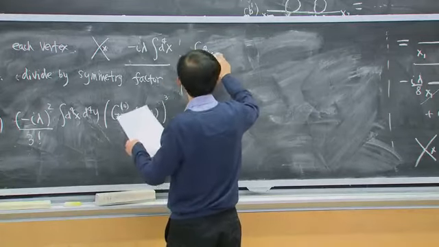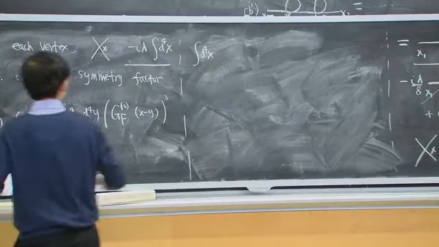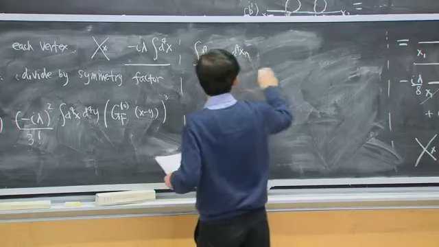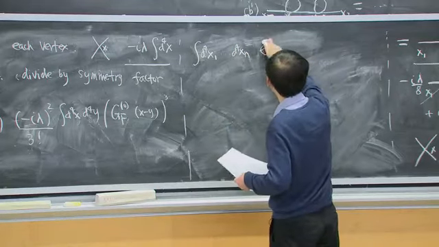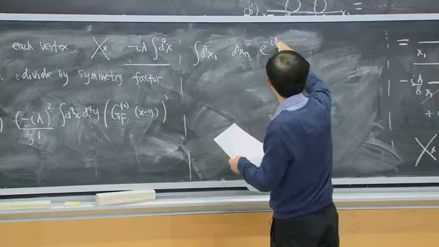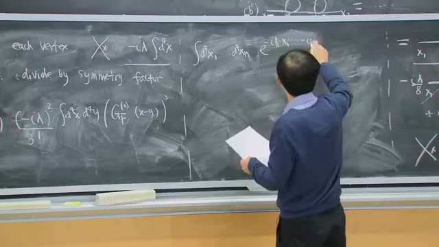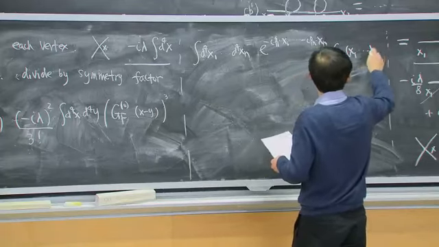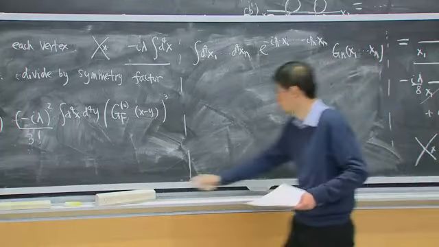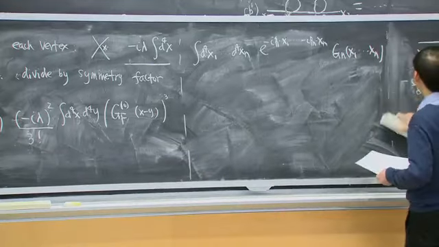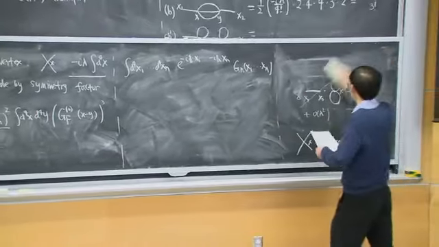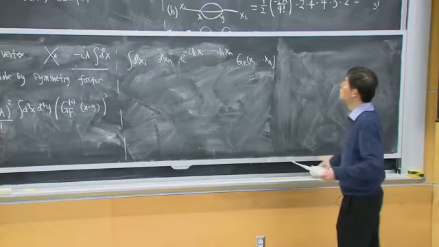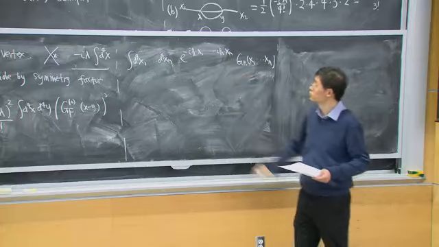So suppose we have an n-point function Gn of x1 through xn. So this is just the standard Fourier transform.